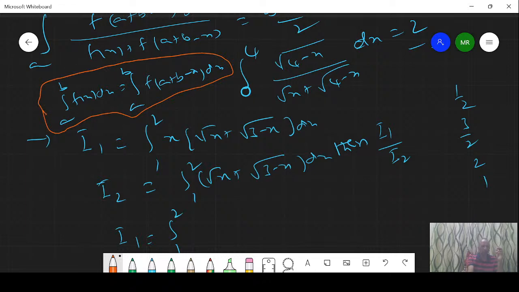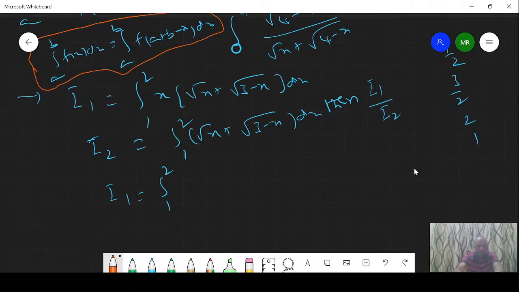This is one of the properties. Same thing I can write here: replace x with 3 minus x in the problem. In I1, replace x with a plus b minus x.